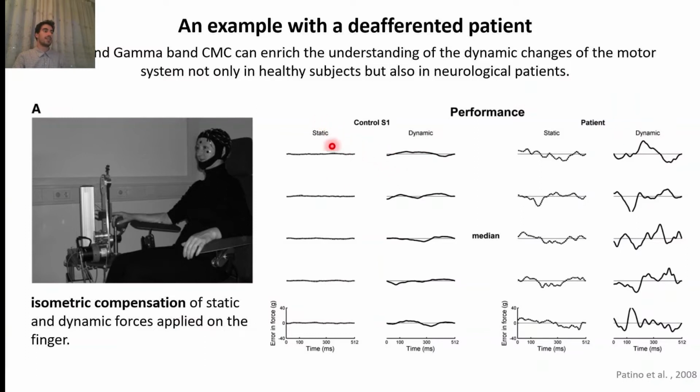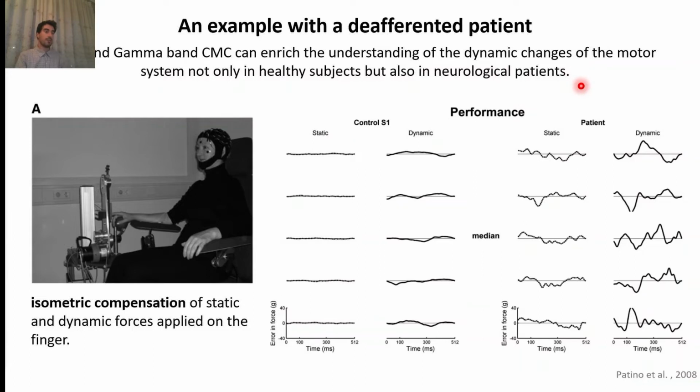You can see in static and dynamic conditions that, of course, in the dynamic condition, the control is a little bit poor in healthy subjects, but nothing compared to what happens with the patient. And here you can say that beta and gamma band cortico-muscular coherence can enrich the understanding of the dynamic changes of the motor system, not only in healthy subjects, but also in neurological patients.